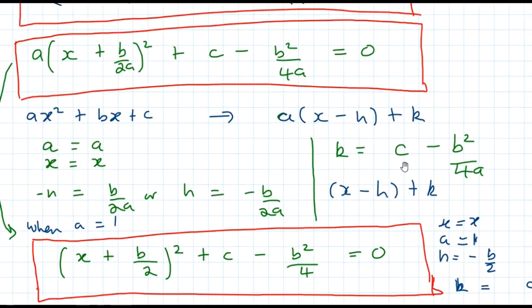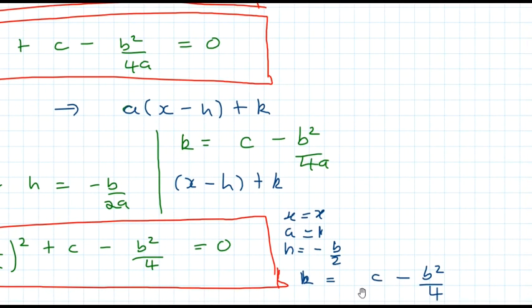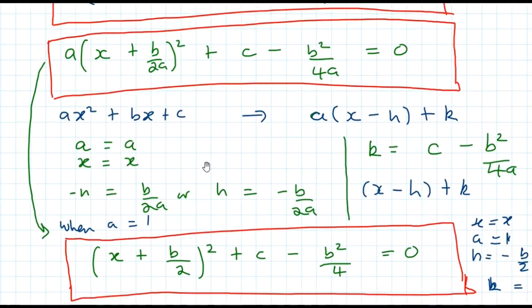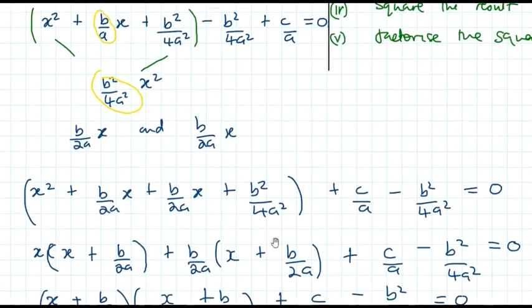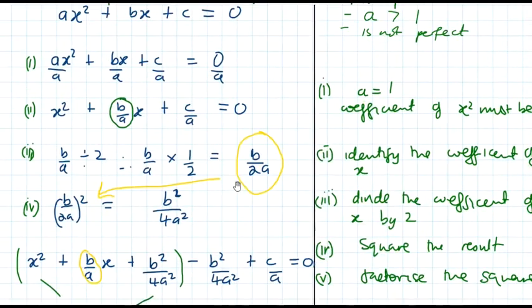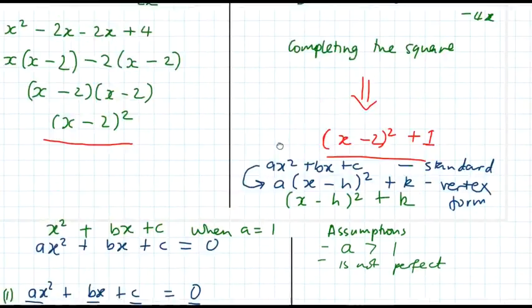If you want to find k, you just have to substitute c minus b squared over 4.